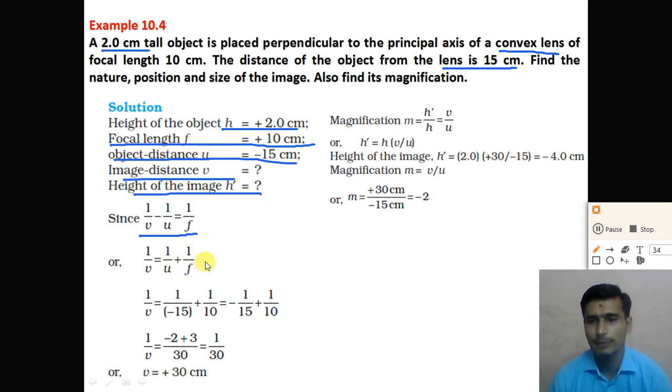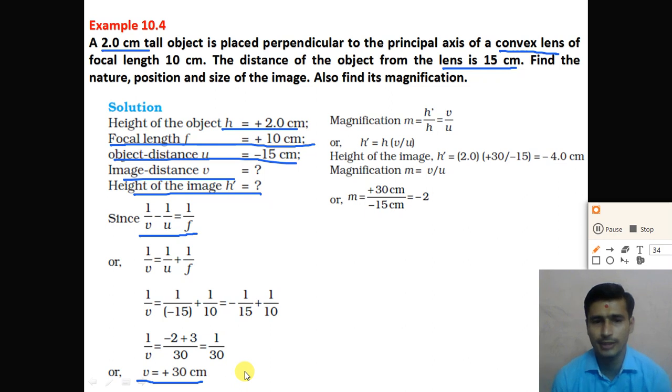If we put the value of u and f, 1 by v is equal to 1 divided by minus 15 plus the value of f, plus 10, 1 divided by 10. So if we take the LCM, we get the image distance v is equal to plus 30 centimeter.